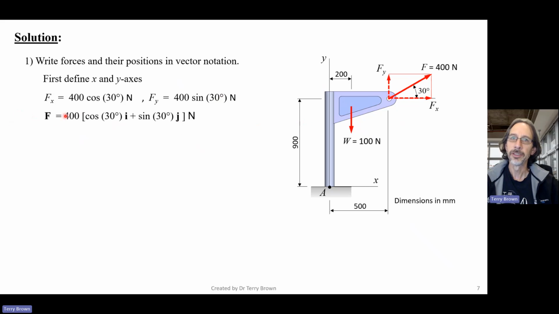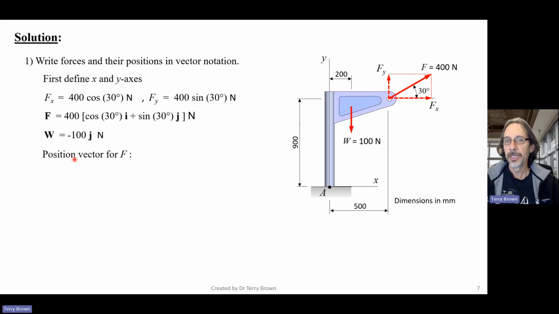Here I've just taken the 400 out the front because it multiplies both terms. So that's our vector force F over here, and then we've got our weight force. It's just going in the minus y direction, with a magnitude of 100, so scalar minus 100 times unit vector j.